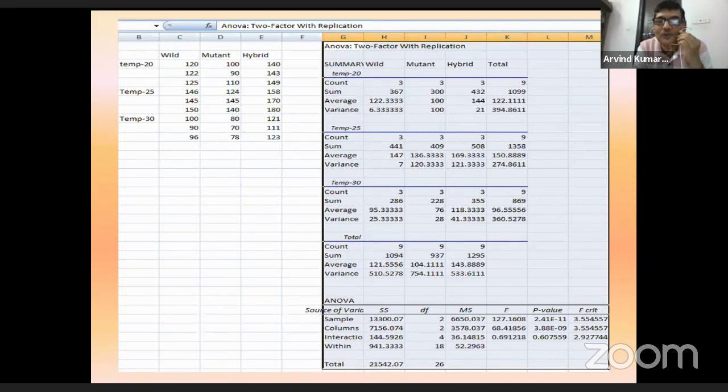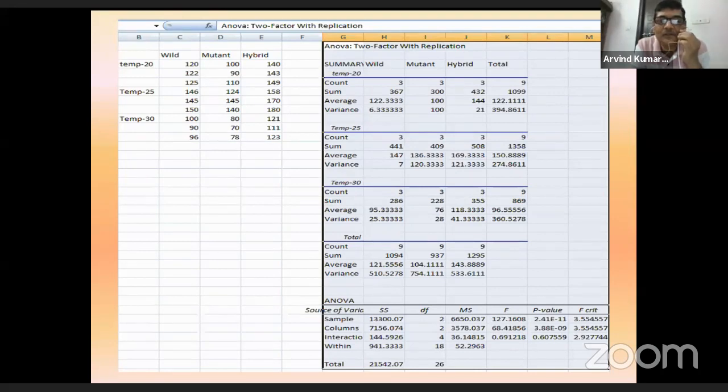So this shows that there is highly significant difference among the different types, I'm sorry, different temperatures, because the first one is sample and then column and then interaction. So sample means rows. There are three samples. Wild type, I'm sorry, rows means temperature. So for temperature there is significant difference.